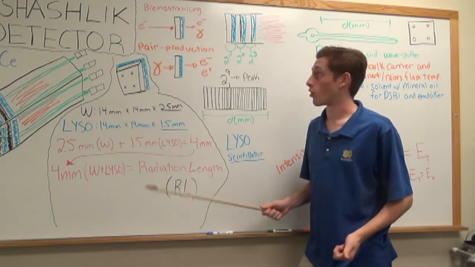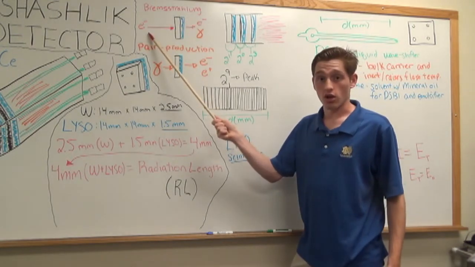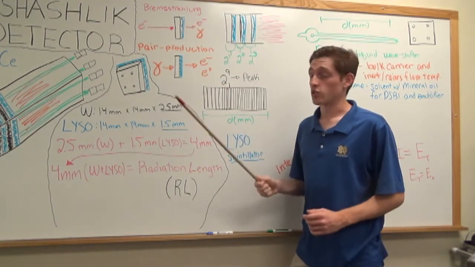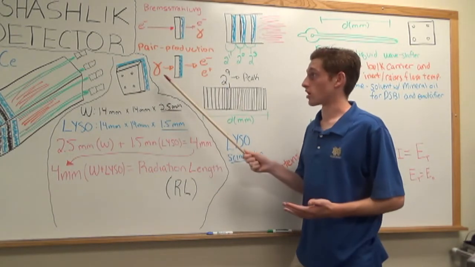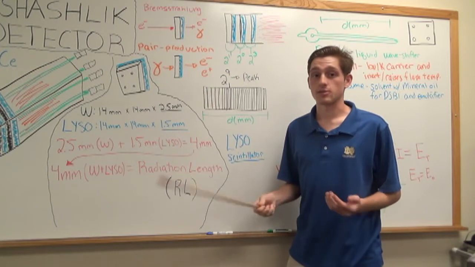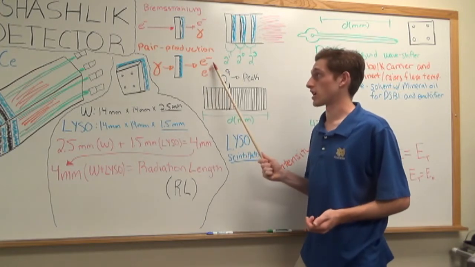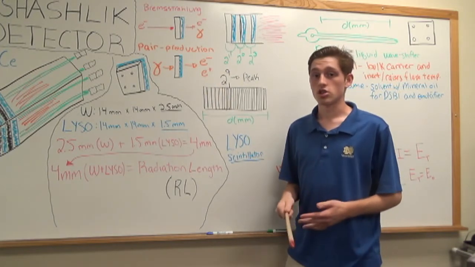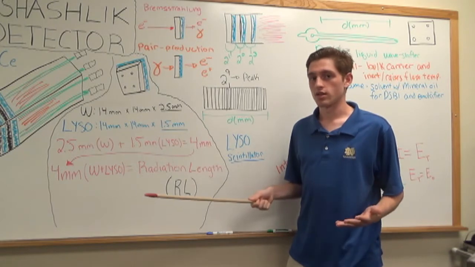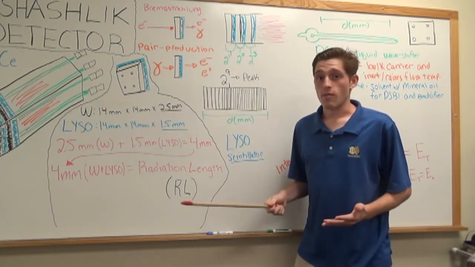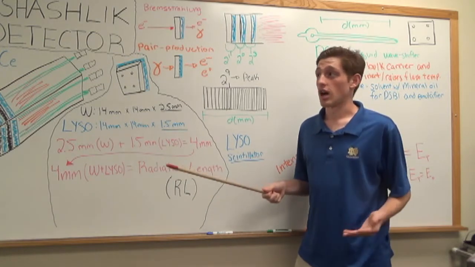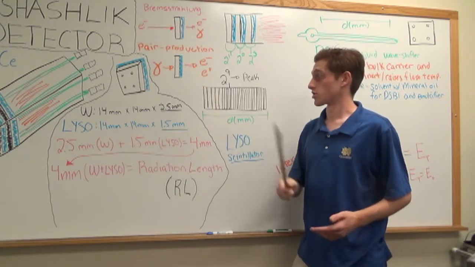Well, as I said before, when this electron undergoes Bremsstrahlung, it loses energy creating this photon. And when this photon undergoes pair production, it has to split its energy in order to make an electron and a positron. So, at some point, like the 2 to the 9th peak, these particles may not have enough energy to either undergo Bremsstrahlung or pair production.